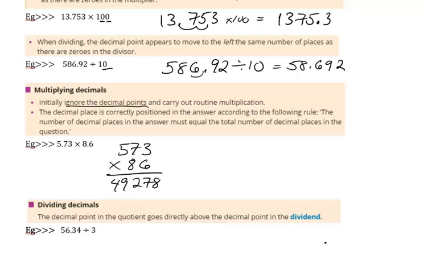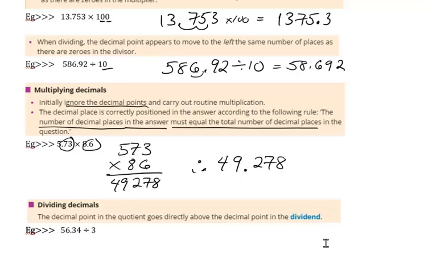The decimal place is correctly positioned in the answer according to the following rule. The number of decimal places in the answer must equal the total number of decimal places. So to put my decimal places back in, I've got 2 here, and I've got 1 there. So therefore, I end up with 49 and 3 decimal places.